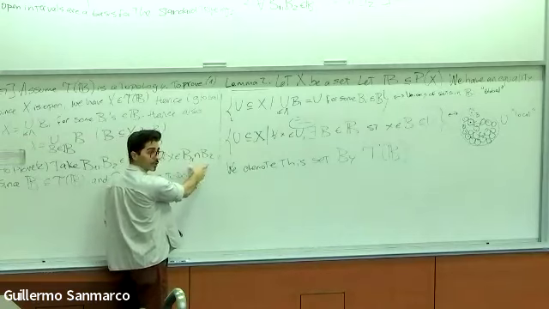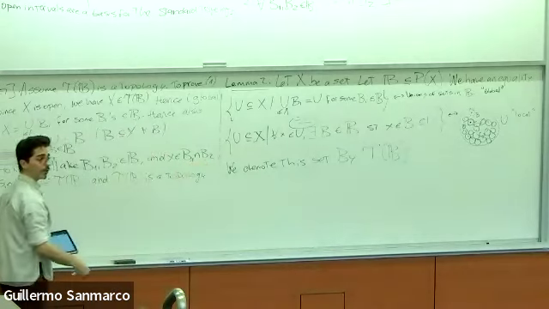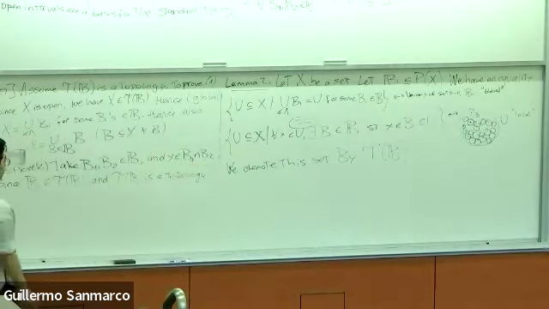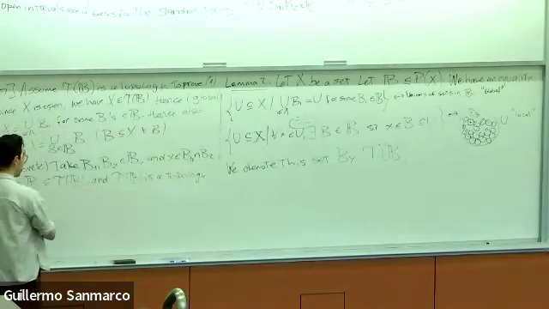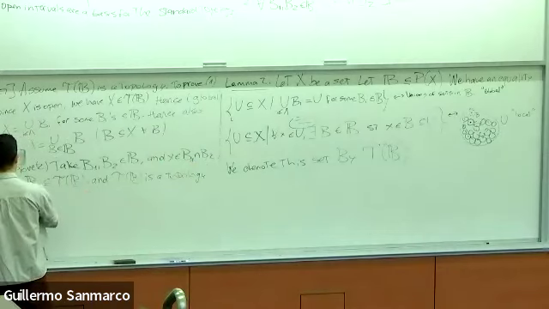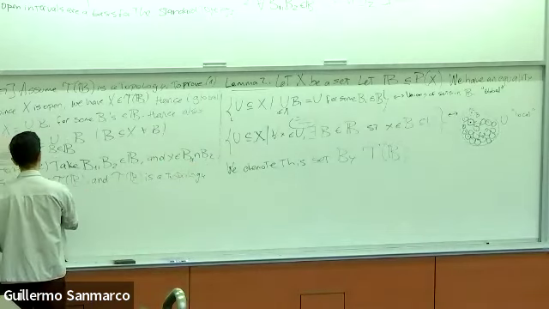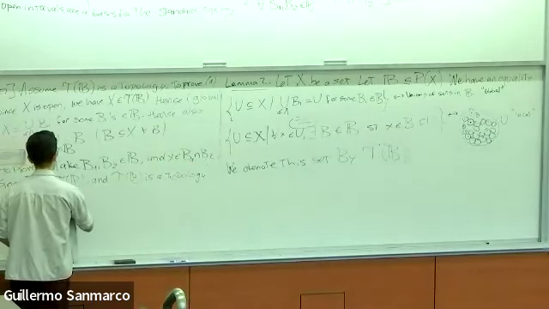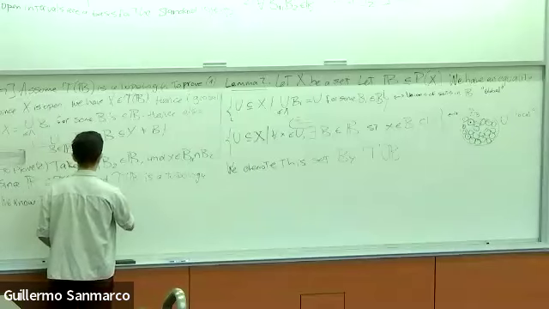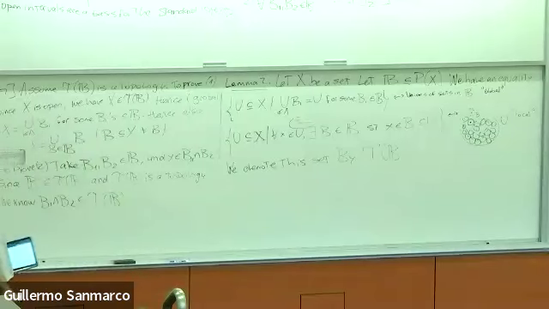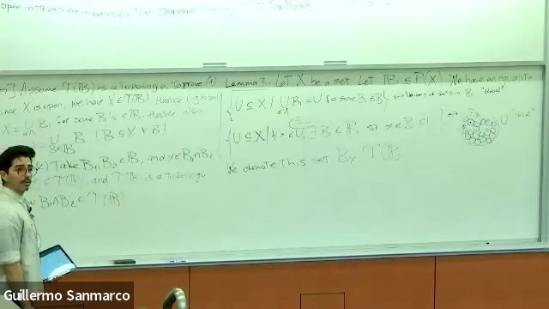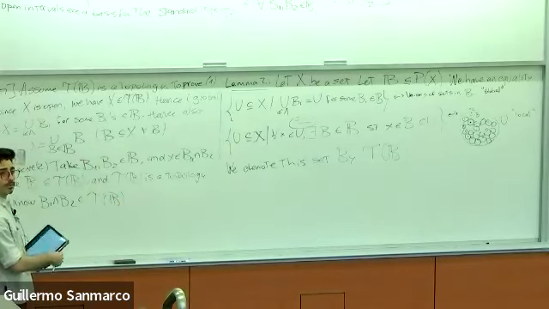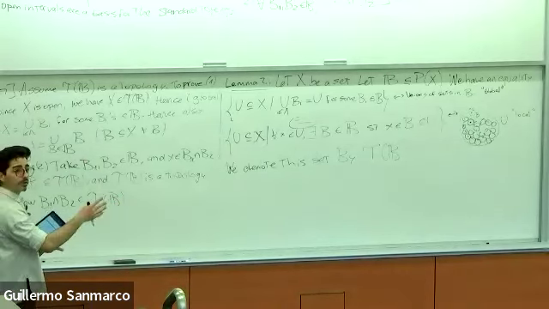I don't know that the intersection is going to be in B, but I know it's in T of B. So we know that the intersection B1 intersect B2 is in T of B. And that means only one thing: B1 intersect B2 is not an element of B, but a union of those.